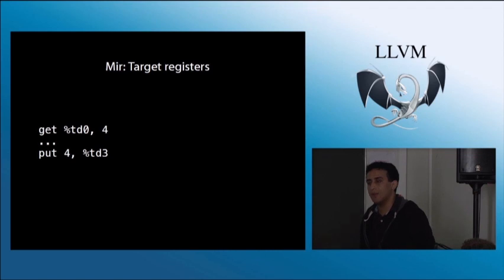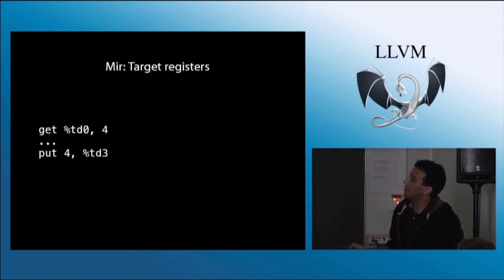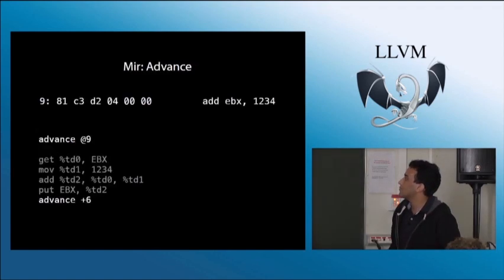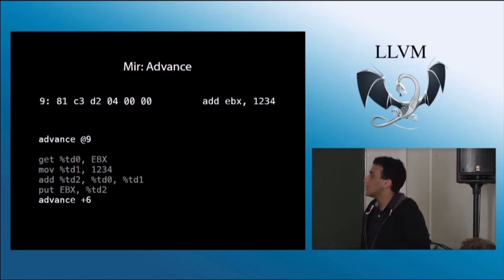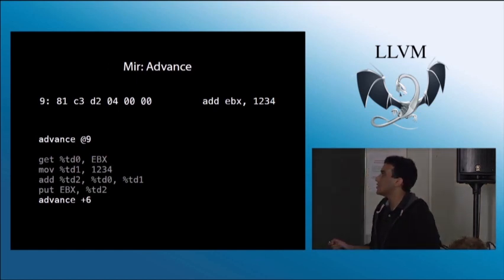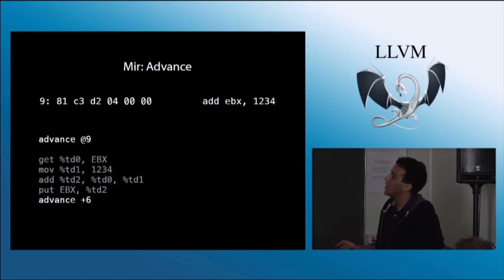At the IR level, all we have is SSA values. So we have the get instruction, which gets the 4th register into the value, and put works the other way. We also have another instruction specific to mirror code, the advance instruction. Here we have an add located at address 9.